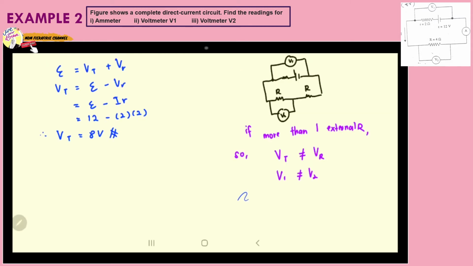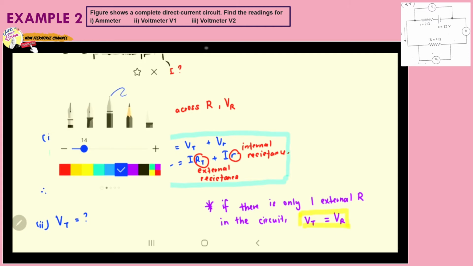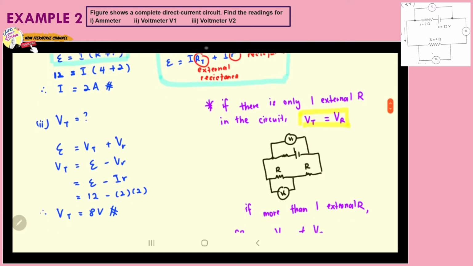Can? Okay, so in order to answer this question, we want to calculate the voltage across VR. We can straightly use this equation. VR is the voltage across external resistance R. We put the voltmeter V2 here because we want to measure the voltage across R. So VR is equal to IR.